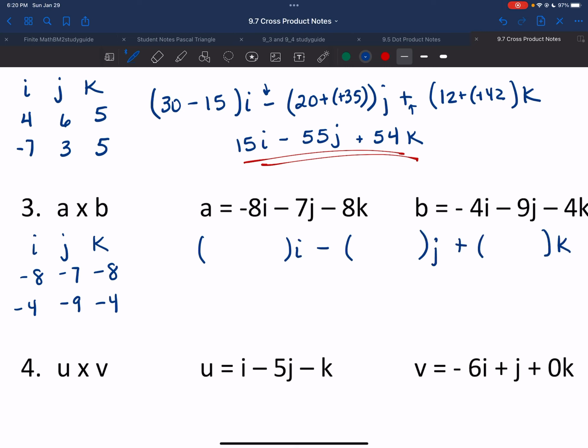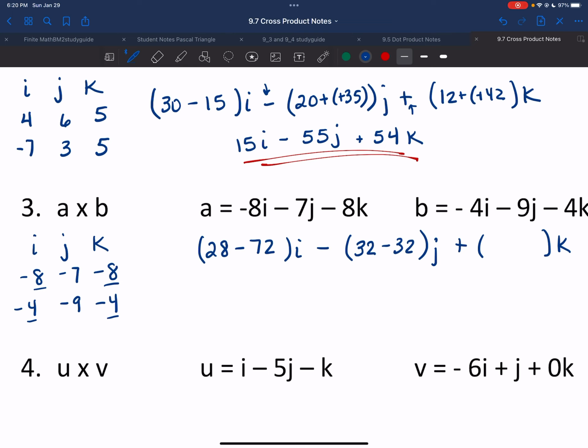All right, so 7 times 4 is 28, both negative, so it stays positive. 9 times 8 is 72, both negatives, it stays positive, so 72. Negative 8 times negative 4, this one times this one, is going to be 32. And then negative 4 times 8, this one times that one, is going to be minus 32.